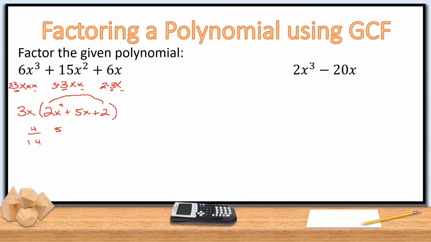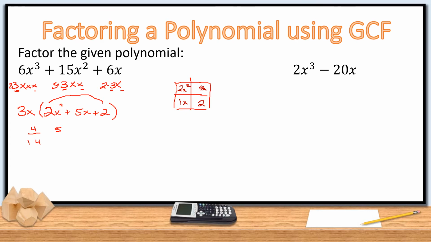So we go to our window pane method. We're going down to our quadratic part. So the 2x squared and 2 go in the bottom right, and we've got 4x and 1x.